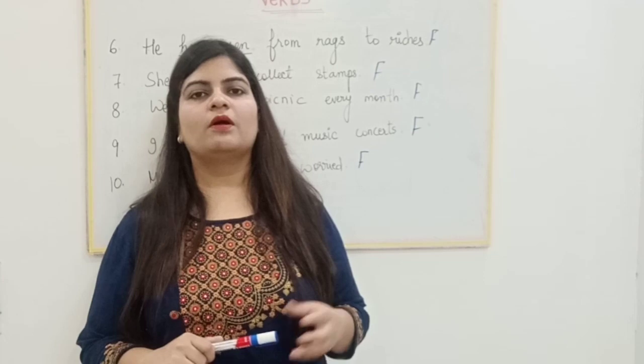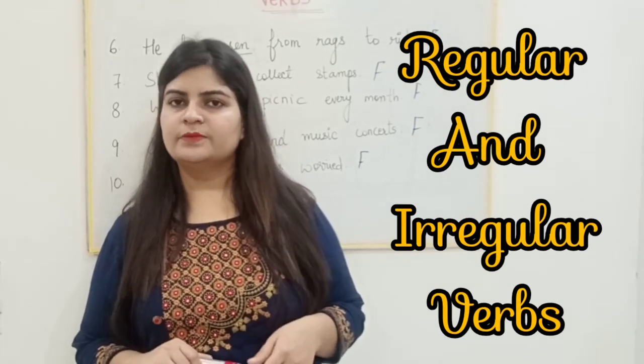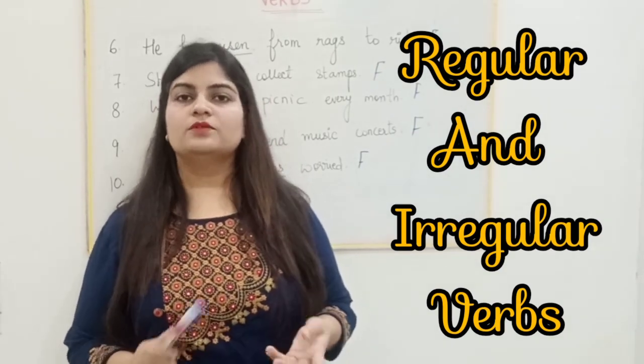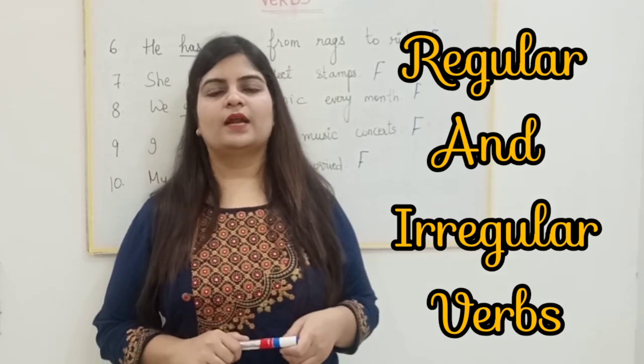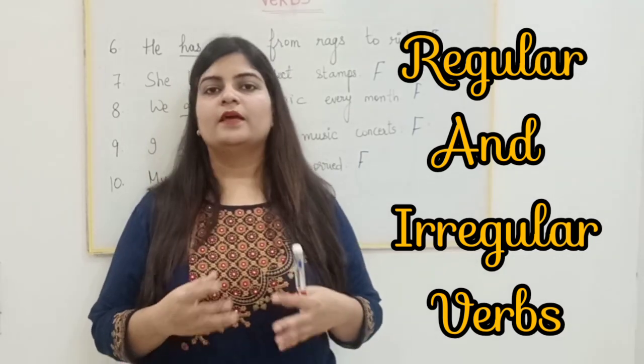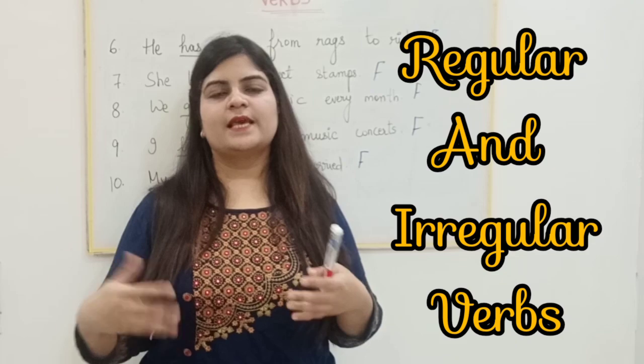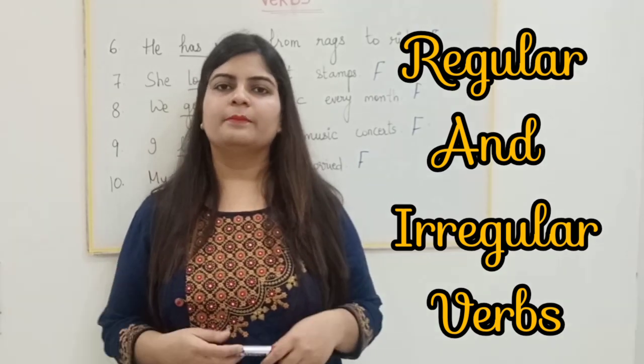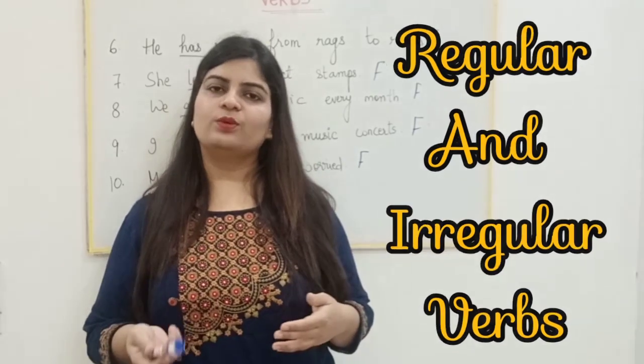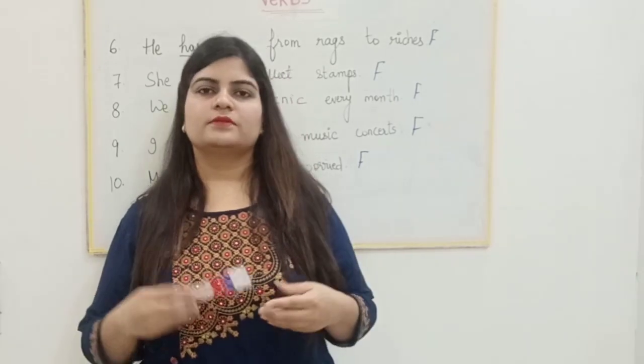Then we understood what are regular and irregular verbs. Irregular verbs are strong verbs and regular are weak verbs. Regular verbs are those which follow the same pattern when different forms are made, whereas irregular verbs have different patterns.